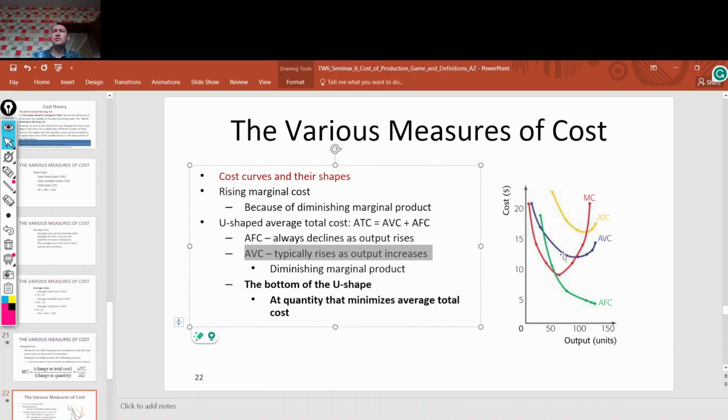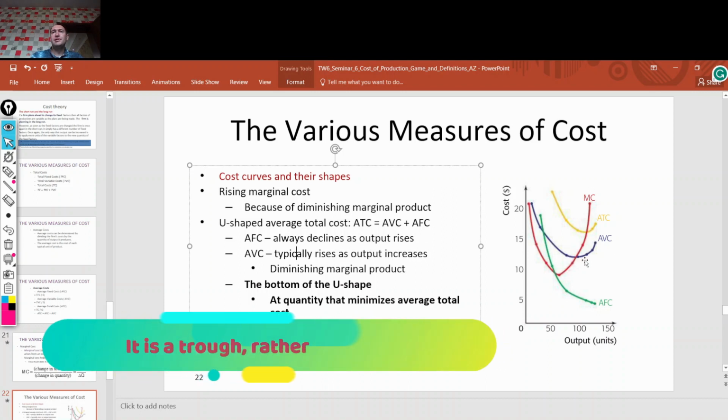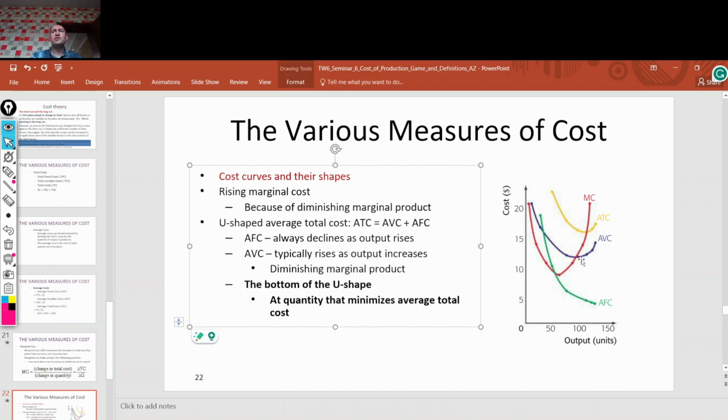Before that, where the marginals are less than the averages, the averages are diluted. But then, as marginals come to dominate and are higher than the averages, the averages are pulled up. Again, we observe that, right? And so averages have a certain hump here, a certain extreme point, which is the optimal point of production.